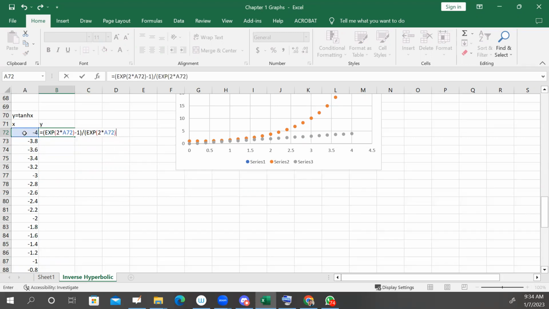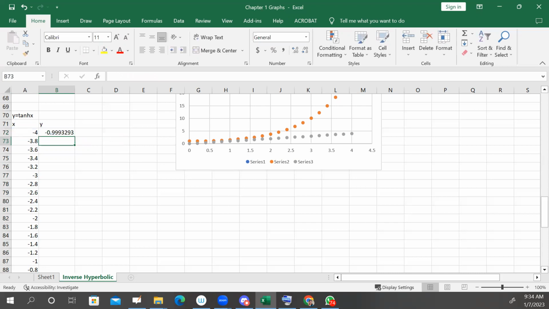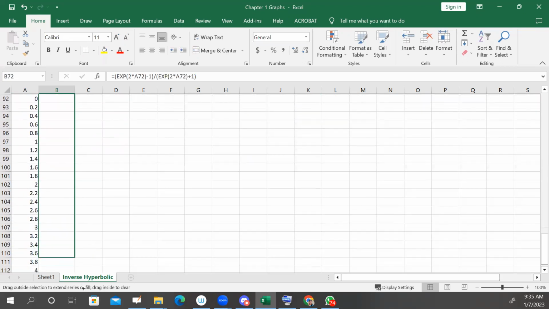Close the bracket, and then you close the bracket for the denominator, right? So you have to give the numerator in a separate bracket, divide by the denominator in another bracket, and then you get the value. So let's take it down.